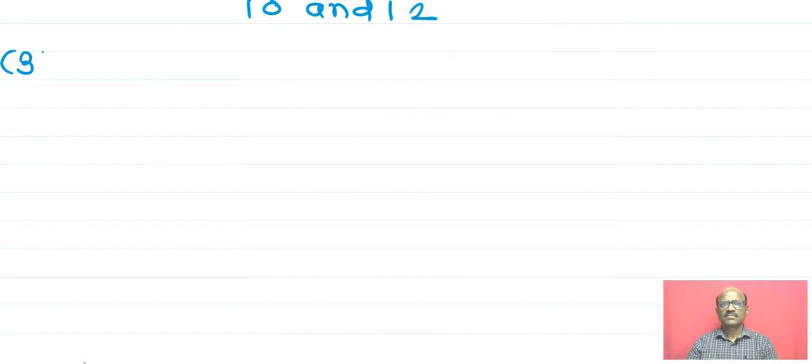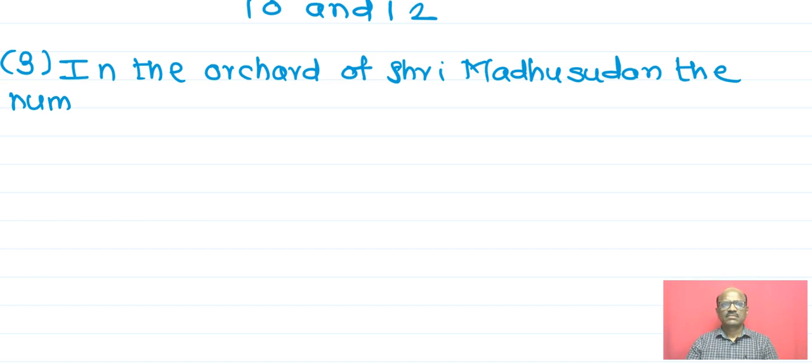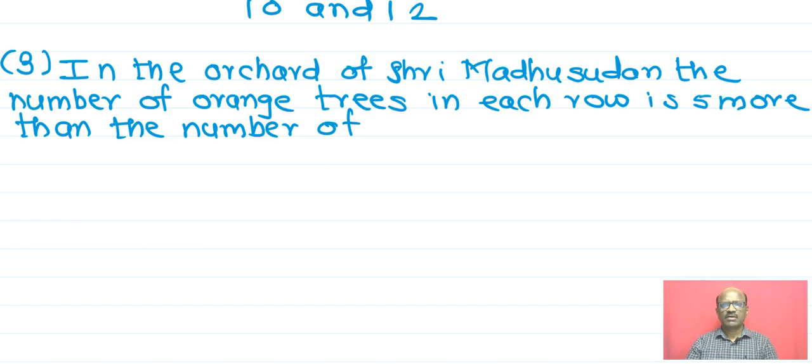Example number 3. In the orchard of Shri Sudan, the number of orange trees in each row is 5 more than the number of trees in each column.